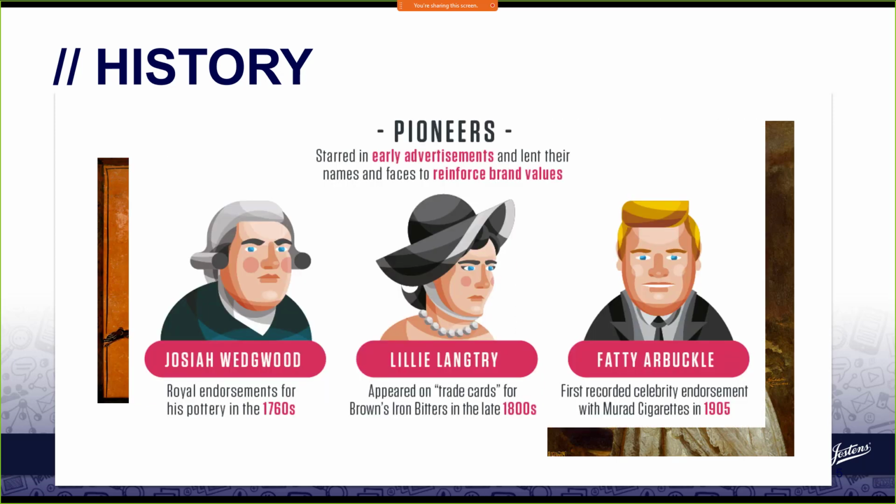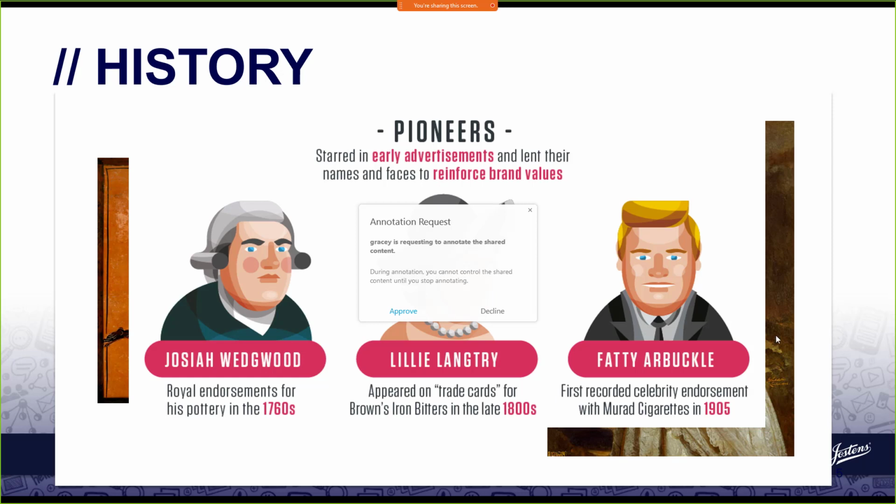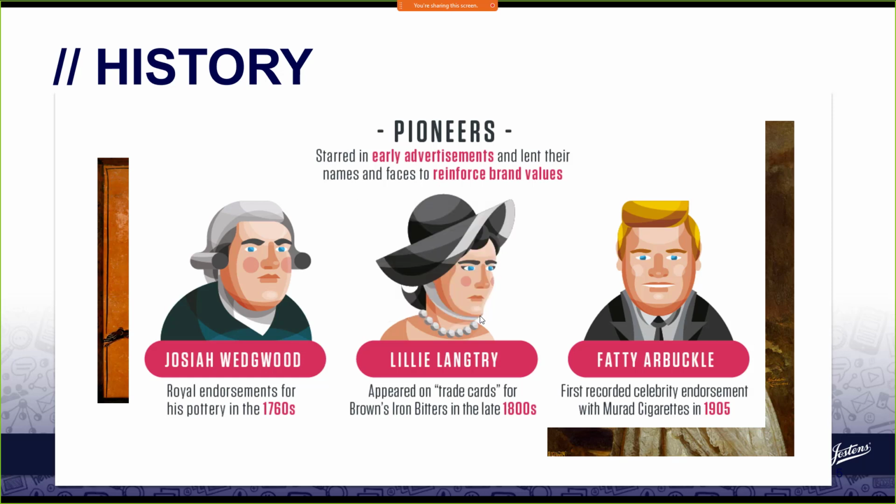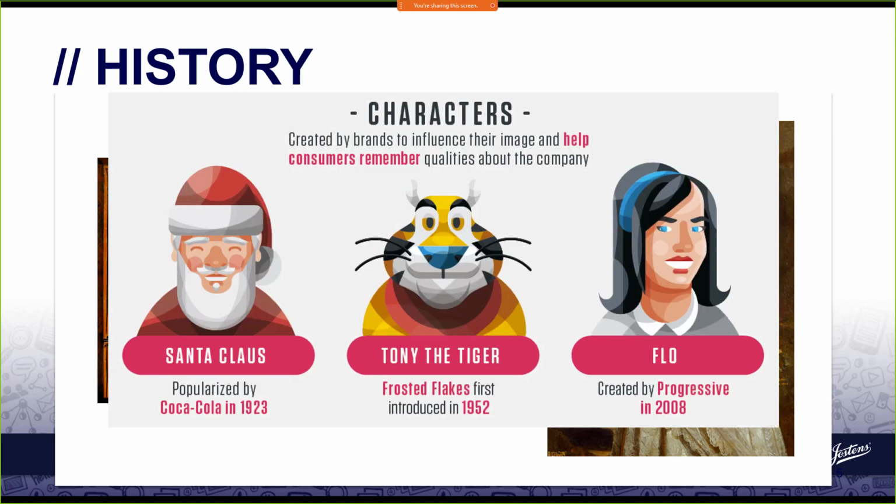A couple other examples. In 1760, that was one of the first times that we started really documenting influencer marketing. And this gentleman here, Mr. Wedgwood, had a pottery and dinnerware line that the royalty used, and he used that as an endorsement for his product. As we moved forward over time, there became character endorsements.